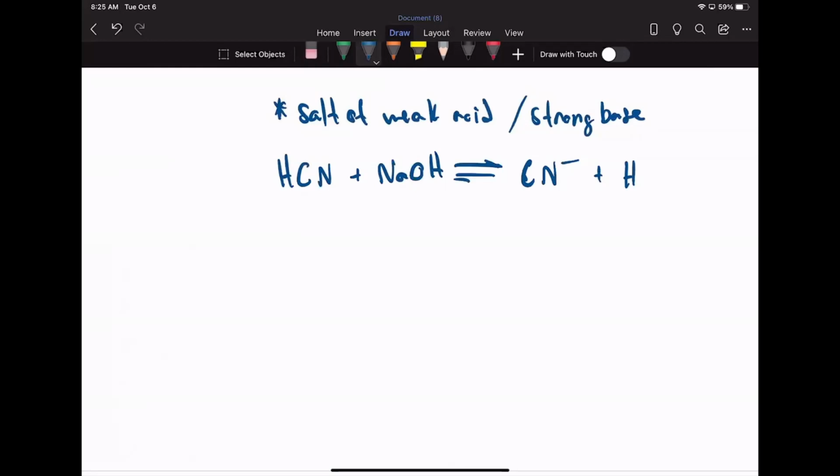CN- plus some H2O. And you'll notice that I didn't write Na anywhere, because just like the Cl minus, Na plus is also a spectator ion that doesn't have any effect on pH.